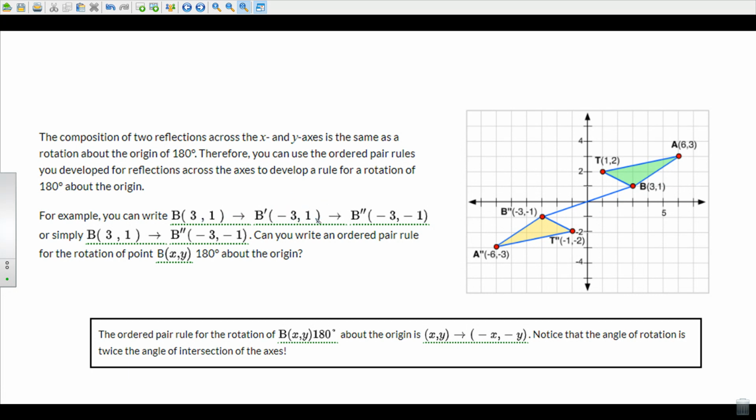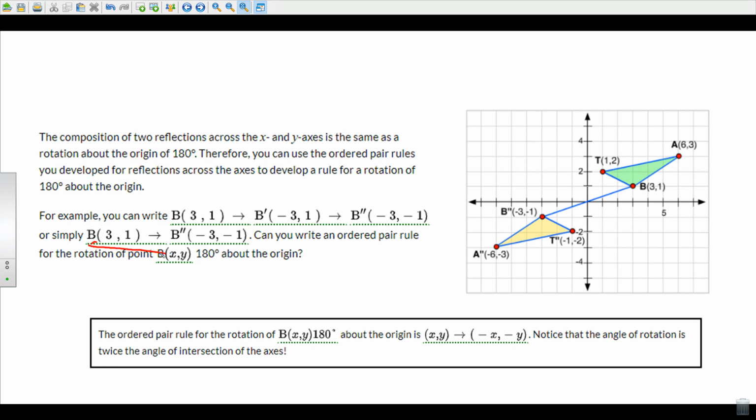Then when we took this one across the x-axis, the x-coordinate stayed the same, but the y-coordinate changed. So as a result, starting with the original, this green one, to after the second reflection, that is the same as a rotation.